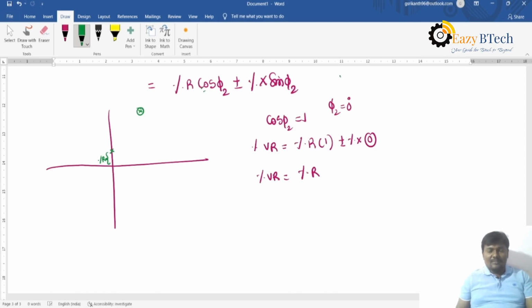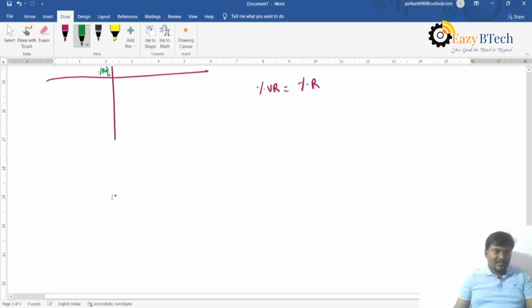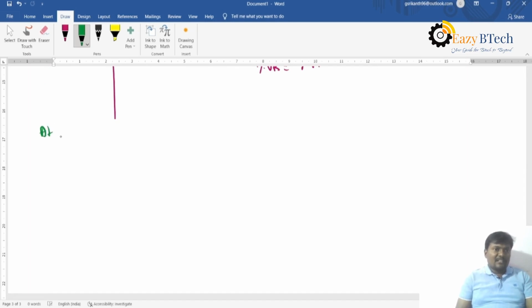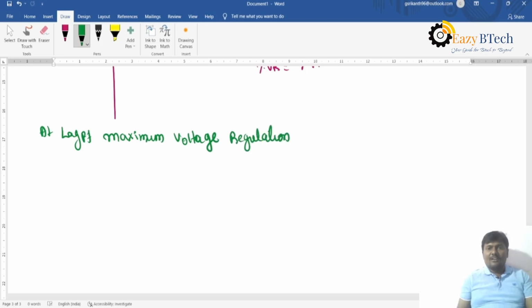So at lagging power factor, maximum voltage regulation takes place, because both were added.